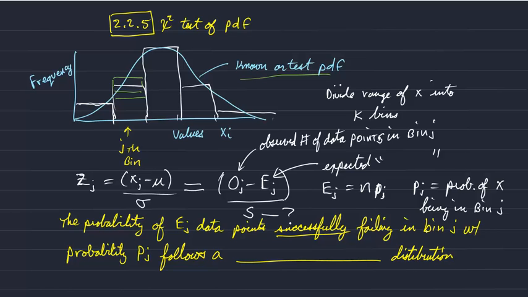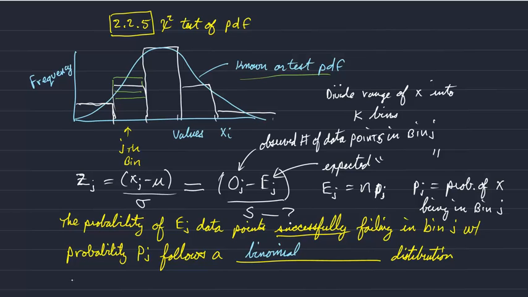So we can cast the problem as saying that the probability of E_j successful points when the probability is p_j follows what sort of distribution? If you're thinking binomial distribution, then you're correct. The binomial distribution tells you the number of successes you're likely to get if the probability of a single success is little p_j.